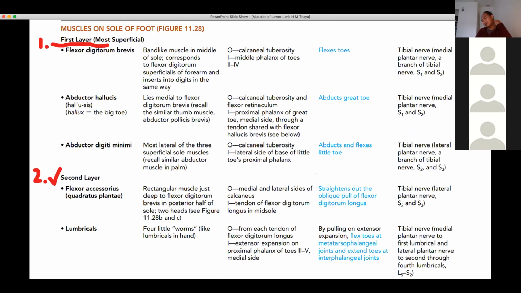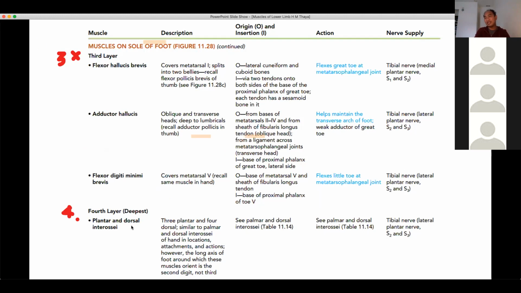Of course, we cannot be content with just small little things, so we will dig a little bit more. The first layer is more superficial, and the 4th layer is the deepest muscle.